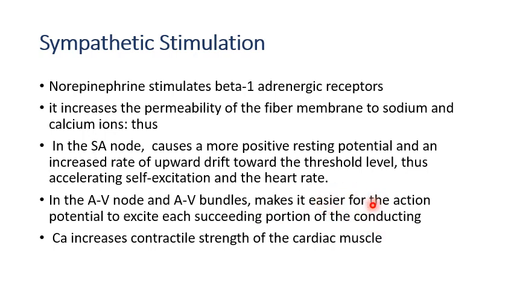So each fiber will be easier to excite the next or succeeding portion. And that will result in faster conduction in the AV node and the AV bundles. So after the impulse is generated in the SA node, it will be transmitted faster than normal into the ventricles.